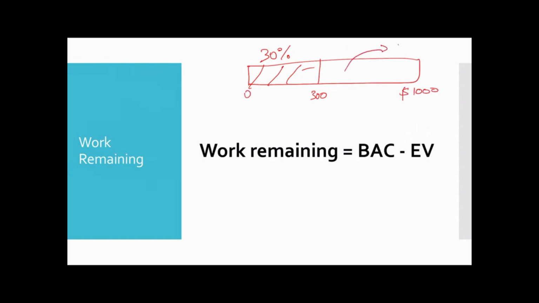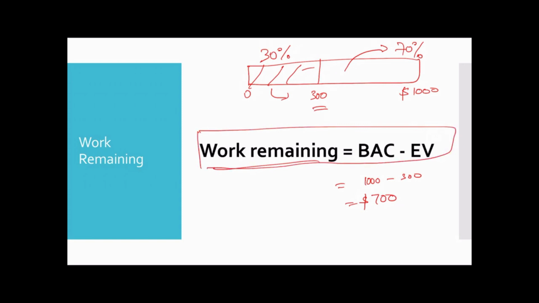How much work is remaining? 70% is remaining. So this is nothing but budget at completion minus the earned value. What is the earned value in 30%? It's like 300. So work remaining is 1000 minus 300, which is equal to $700. So work remaining in terms of dollars is calculated as BAC minus EV.